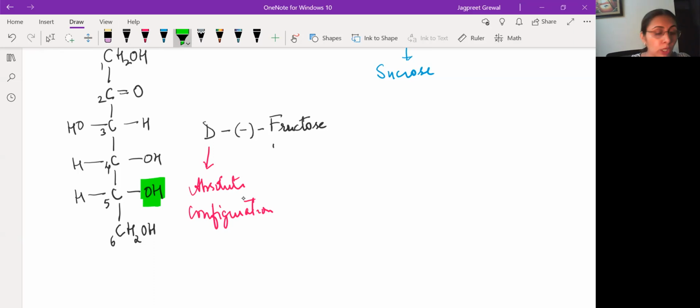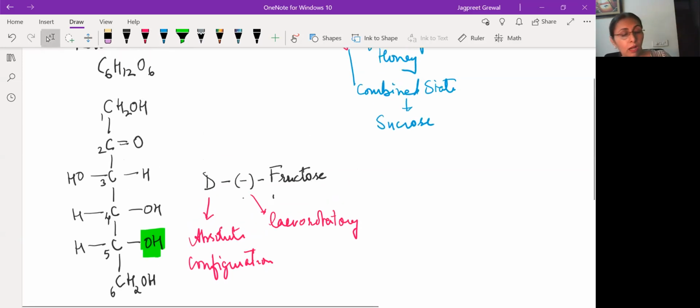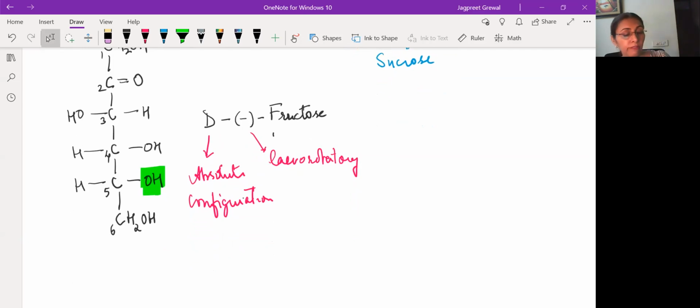So that is why it is D. Next is minus. This minus sign means it is levorotatory. It rotates the plane polarized light towards the left hand side. So this is how we represent the structure of fructose.